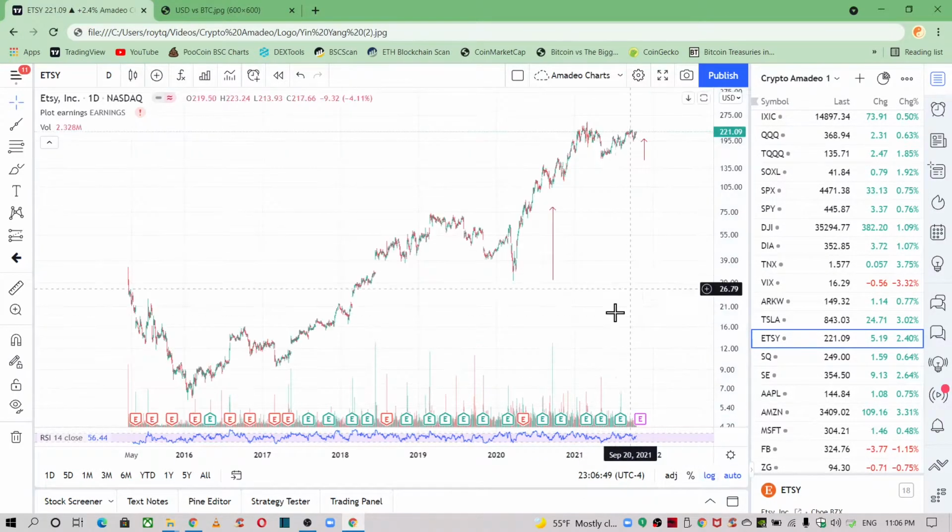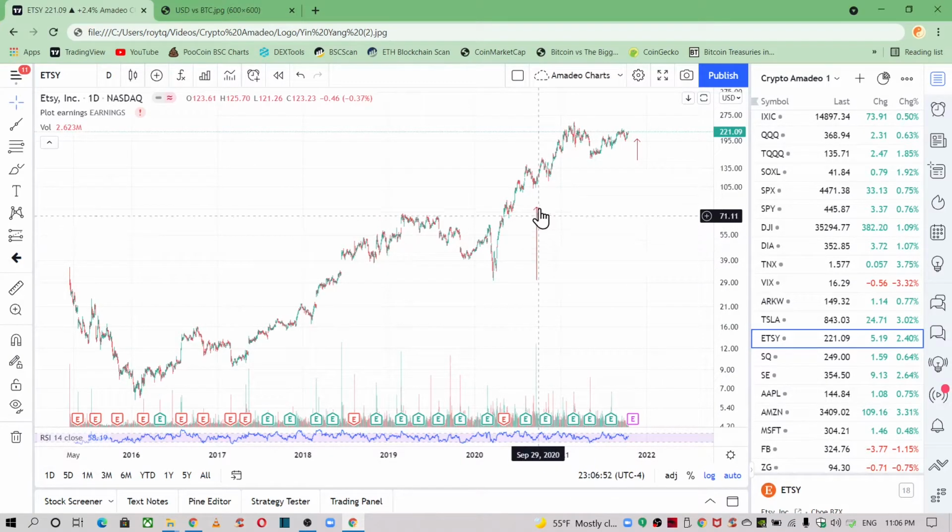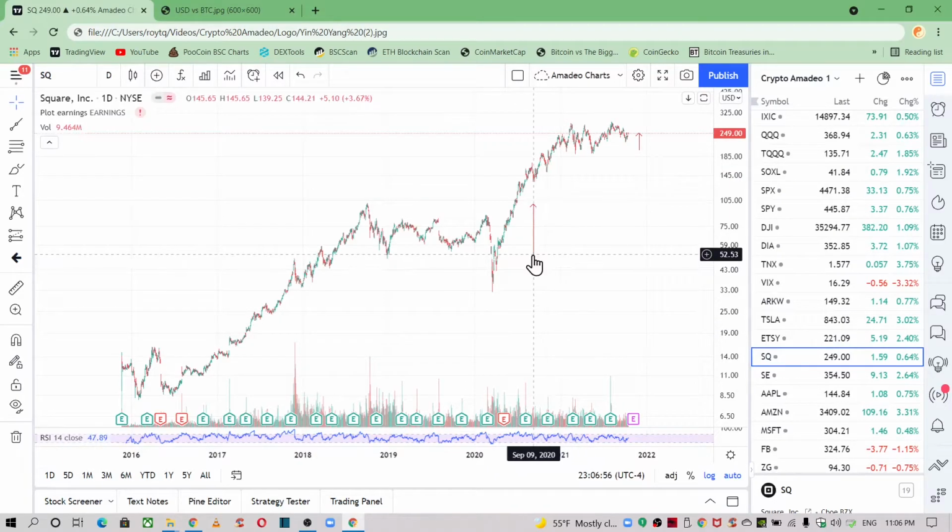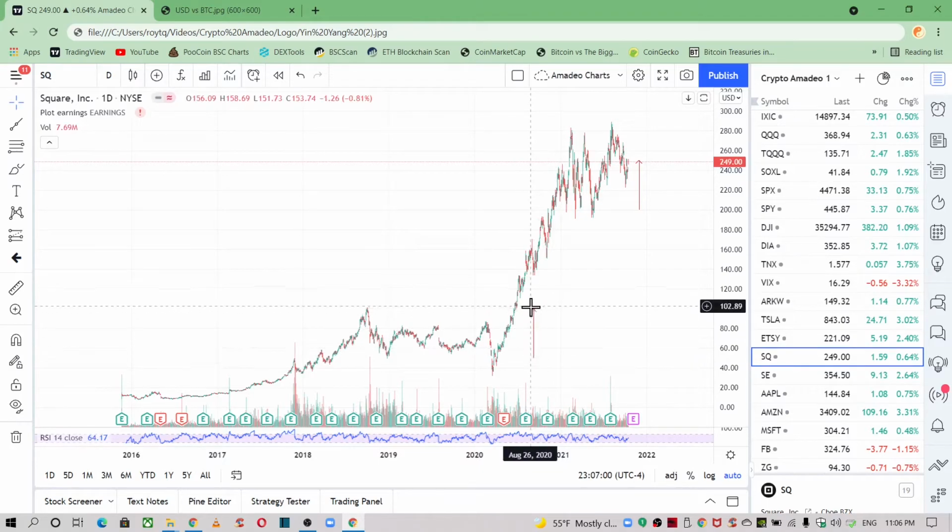If you turn log on, you'll see this is a much more powerful move than this. Same thing here with Square, a much more powerful move than this, even though if you turn it off, you see that they represent the same absolute price change right here and right here.